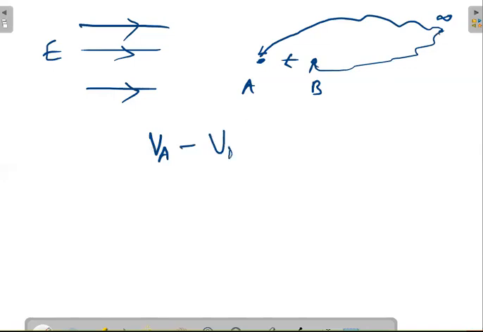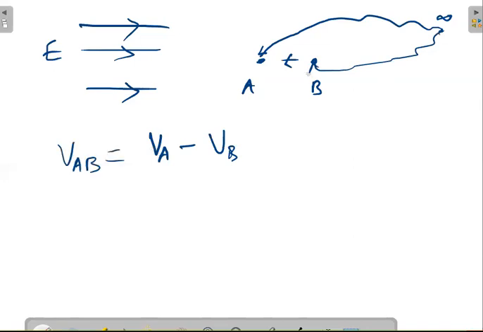Definitely there will be a difference in energy because in this case you are just near to the electric field, here somewhat far away from the electric field. Definitely VA will be greater than VB. Then that is equal to VAB.